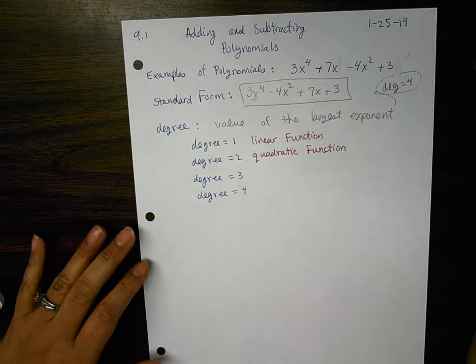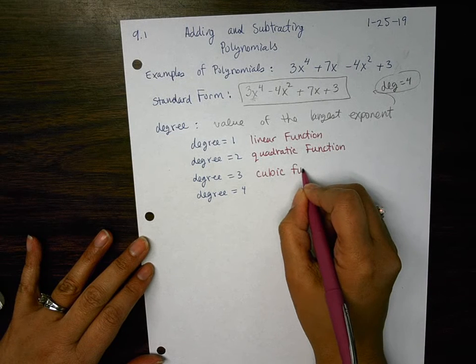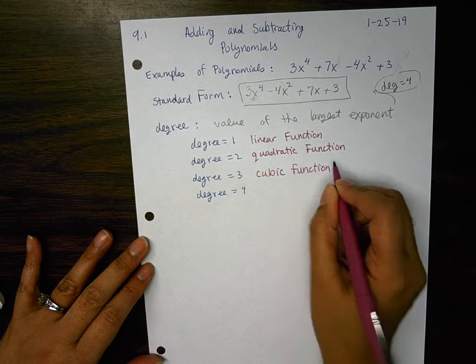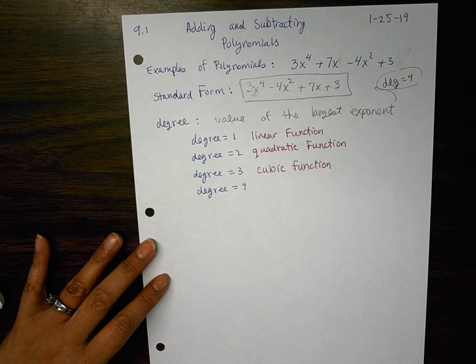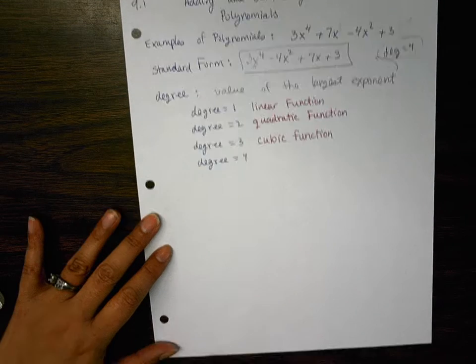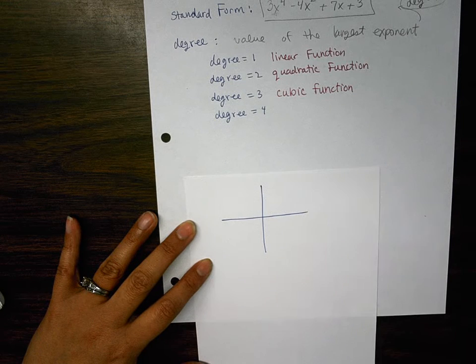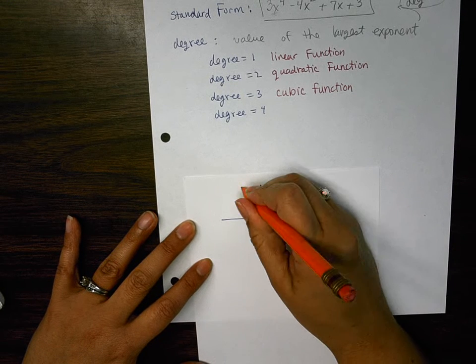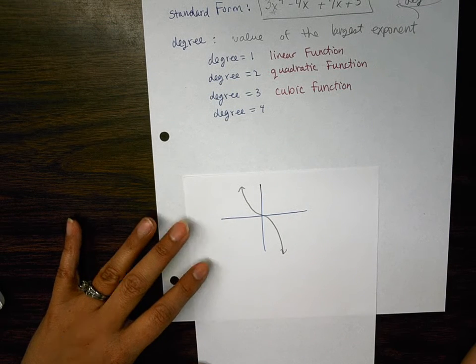And the degree 3 is the cubic function. I'm not sure if that is one you've seen before. Does anybody remember, did you guys do cubics last year? The cubic functions look like this. Did you guys deal with those last year?